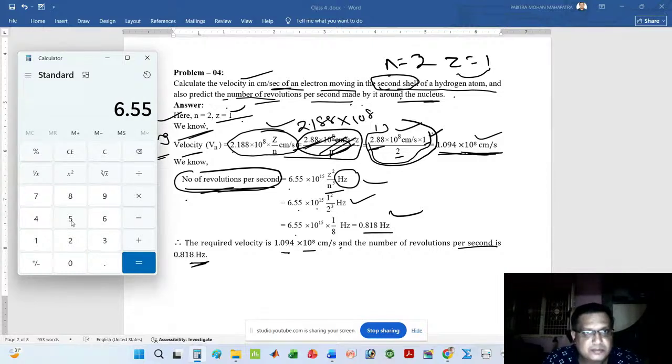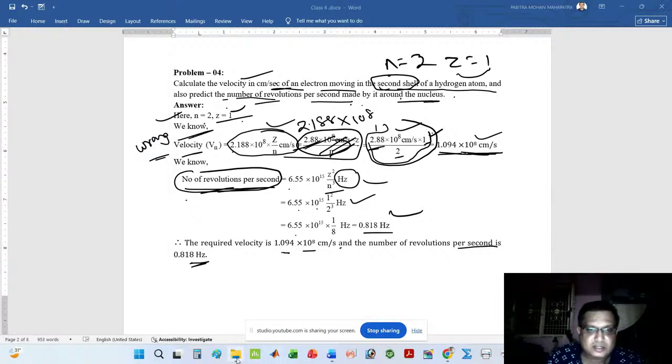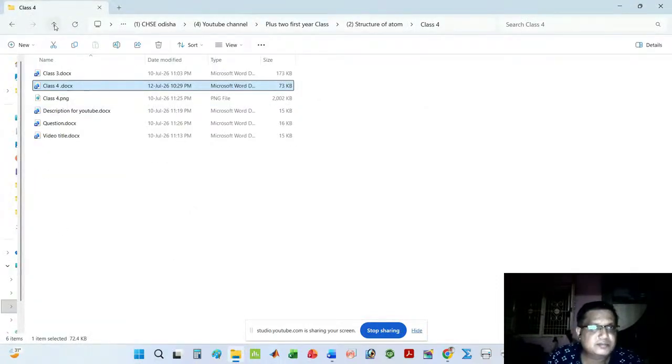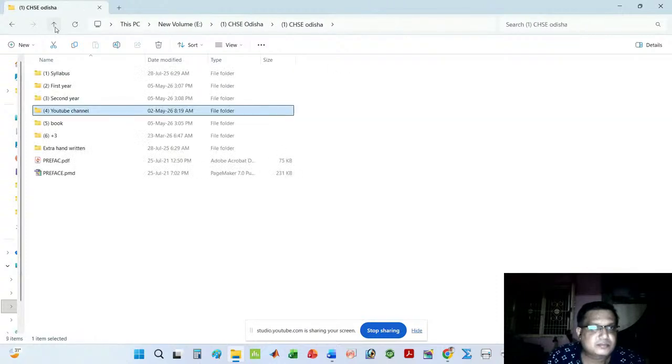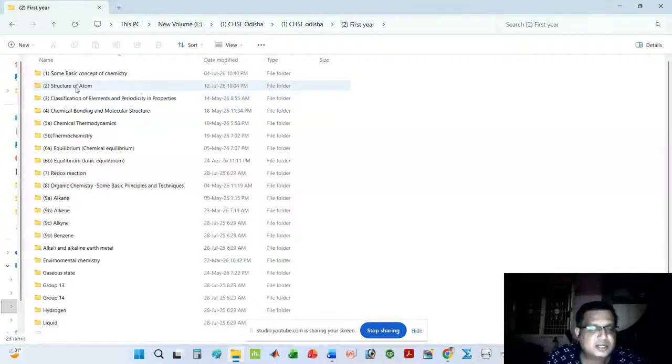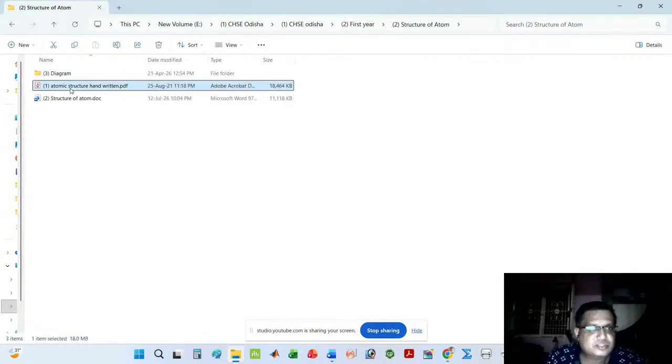6.55 divided by 8. That is how much? 0.818. Here 10 to the 15 is missing. Again, I want to check the original file. Exactly what happened, what is wrong, I want to check.